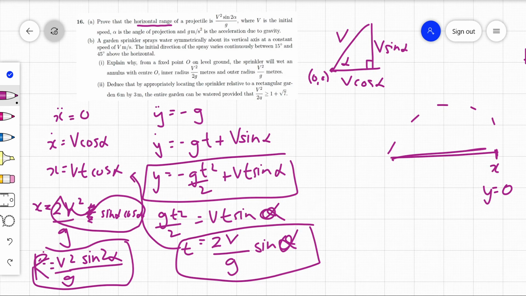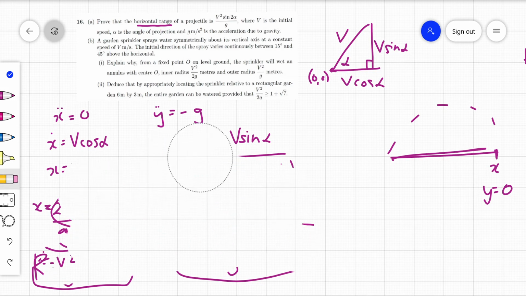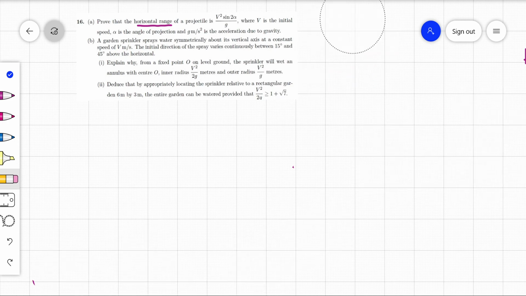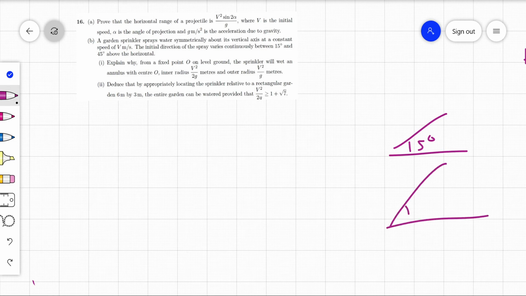Okay, so if that's our range, I don't think we need that anymore. All right, so we're told that this sprinkler, the initial direction of the spray, varies continuously between 15 degrees and 45 degrees. So those two.